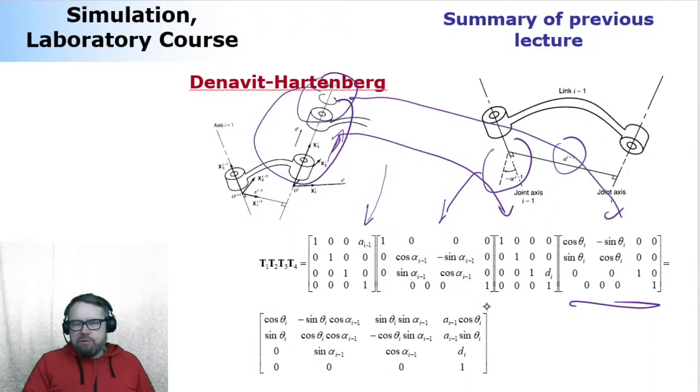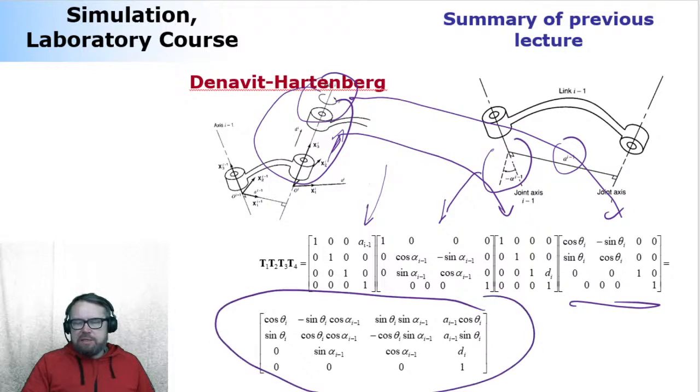When you multiply them together, this is your 4 by 4 transformation matrix representation based on Denavit-Hartenberg.